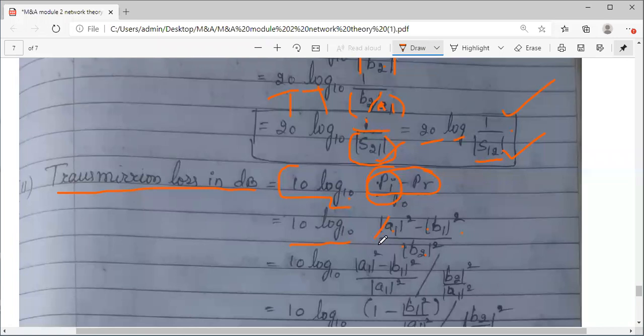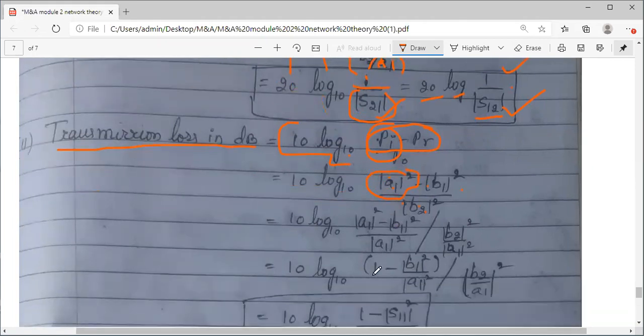How can I further move? You have a ratio here. I can split this A1 by B2. There are many ways to solve. What I can do here, either splitting or, better, take this A1 common.